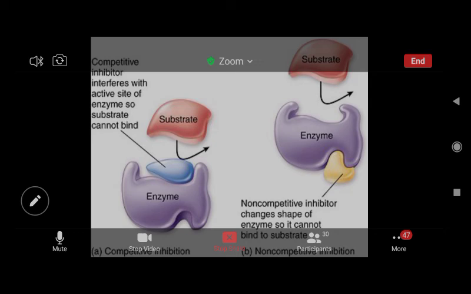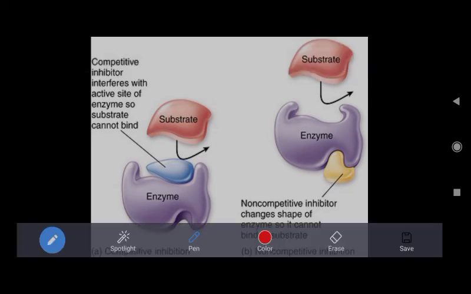Here in this image, the blue color structure is the competitive inhibitor, and this is the main substrate. This competitive inhibitor competes with the substrate for binding to the active site of the enzyme because it has structural similarity.